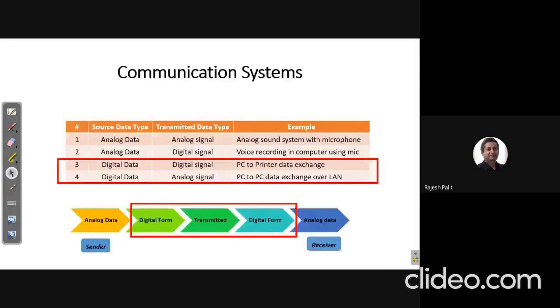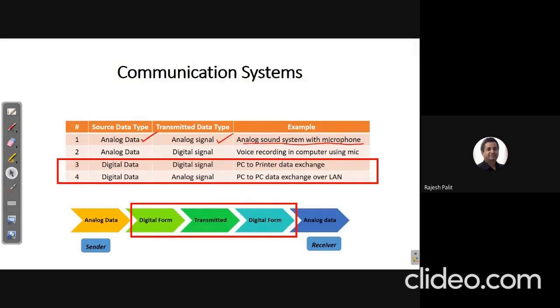So communication channel: digital data, analog signal, so analog system with microphone. In various programs we use a microphone and sound box. From the microphone we speak something, and then through the microphone it goes to the sound box.